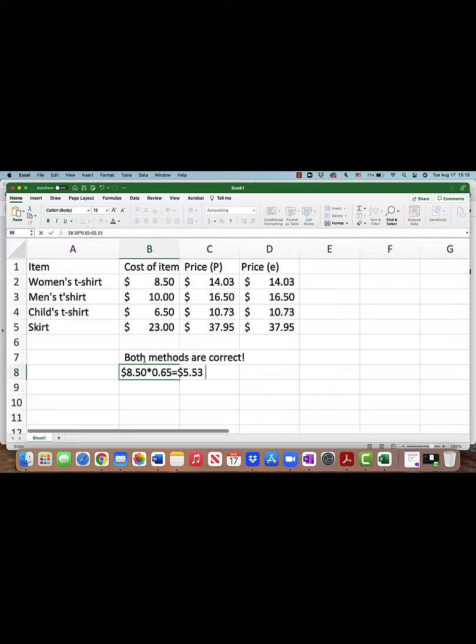We call this a markup, the amount that you add to the cost. Okay? And then the price becomes the original price plus the markup, which gives us $14.03, the same answer.